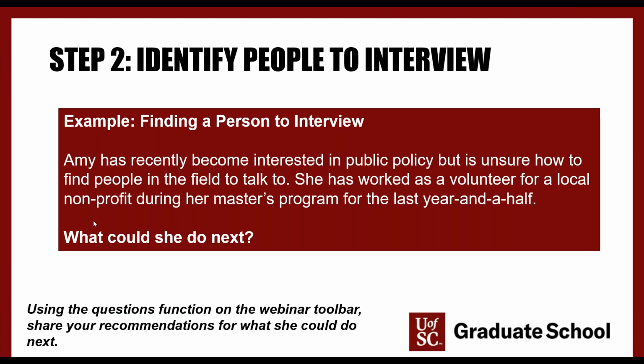She could look for public policy think tanks. She could talk with leaders of other nonprofit organizations who may have active advocacy and policy agendas that they pursue, again, at a local, state, or national level.